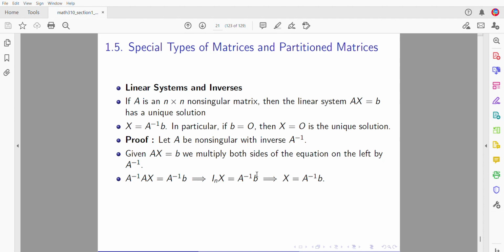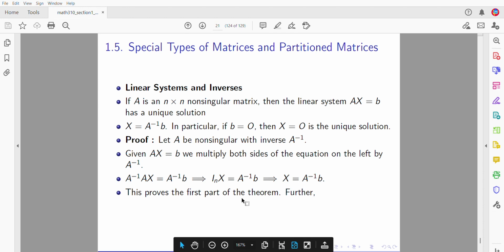But identity times anything is anything. x equals A inverse b. This has proved the first part. You have a solution, x equals A inverse b. Further, second part, if b is 0, then A inverse b has to be 0. This is 0, which implies the solution x has to be 0.